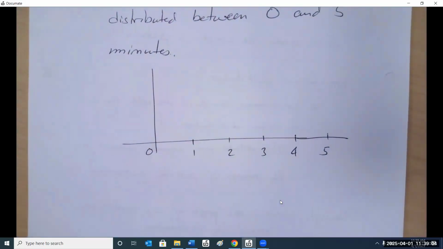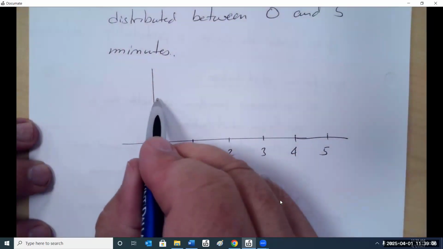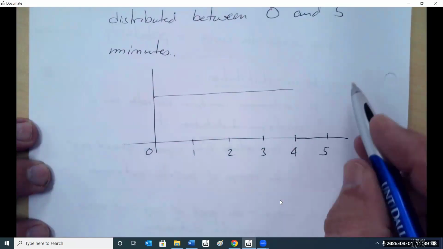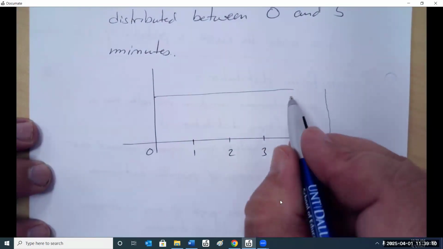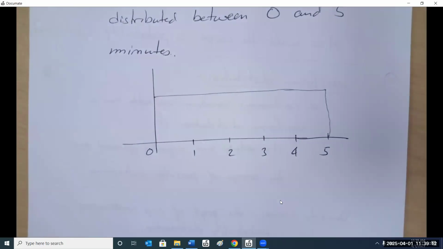To 5. And they're uniformly distributed, so they all have an equal amount of time between 0 and 5 minutes. So it doesn't matter if you get to the airport 5 minutes early or 1 minute early or just when your time is to get in, your wait time is the same.